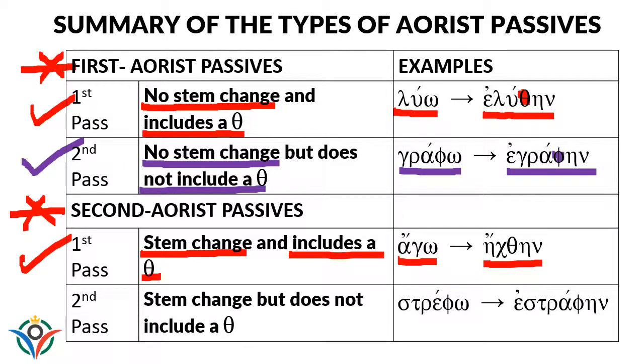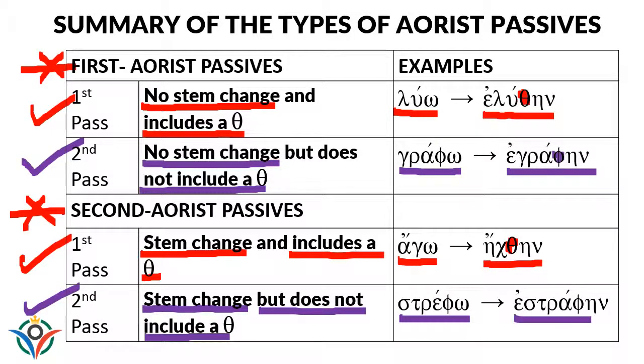So stem change, and it includes a theta. And then the second aorist second passives, there's a stem change, but does not include a theta. So our example here is strepho, which becomes estraphēn.